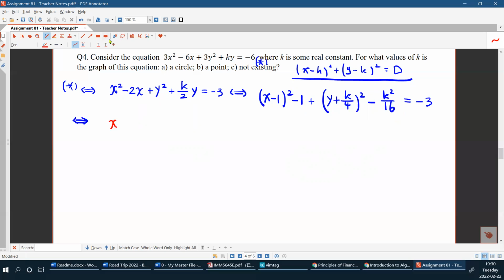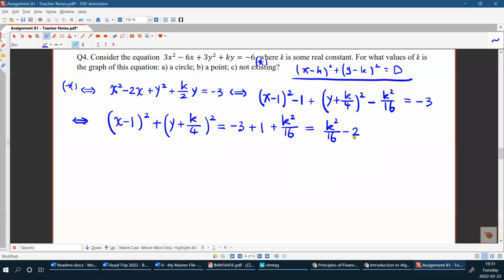Then we have (x minus 1) squared plus (y plus k over 4) squared equals -3 plus 1 plus k squared over 16, which can be simplified. The right side can be simplified to k squared over 16 minus 2, right? You understand?